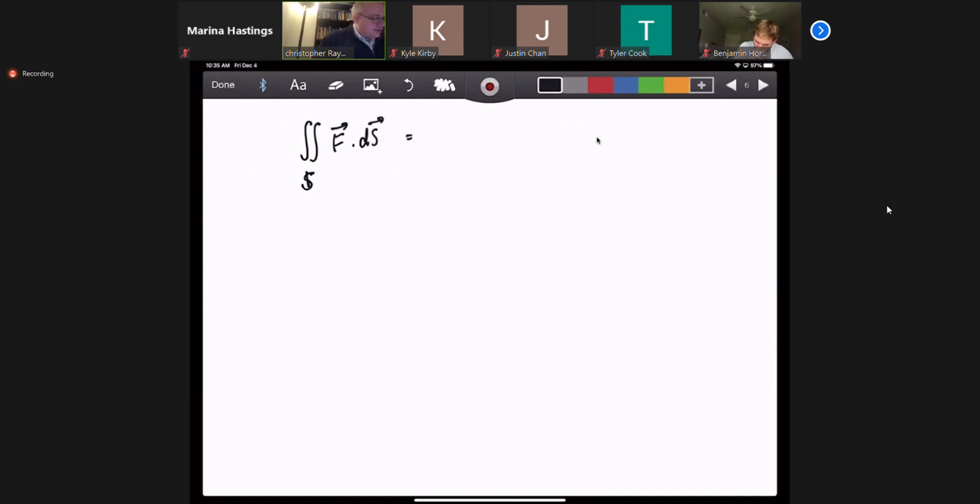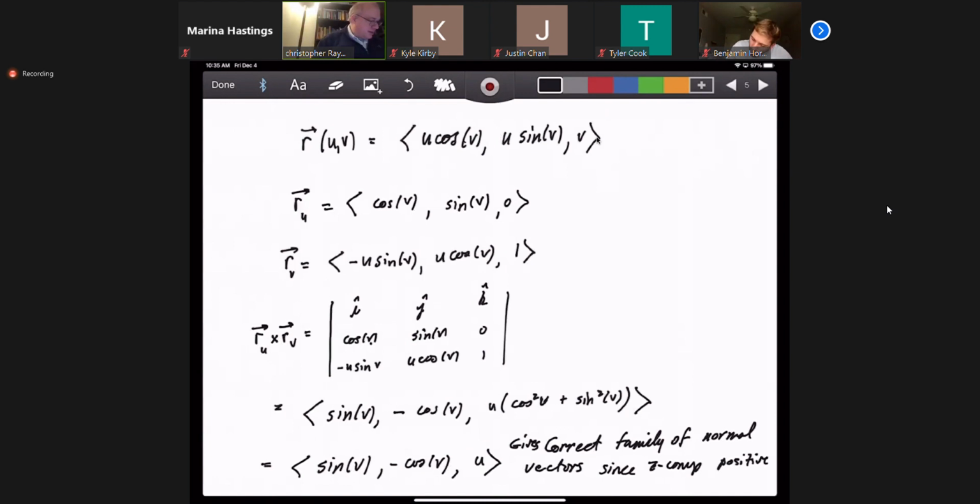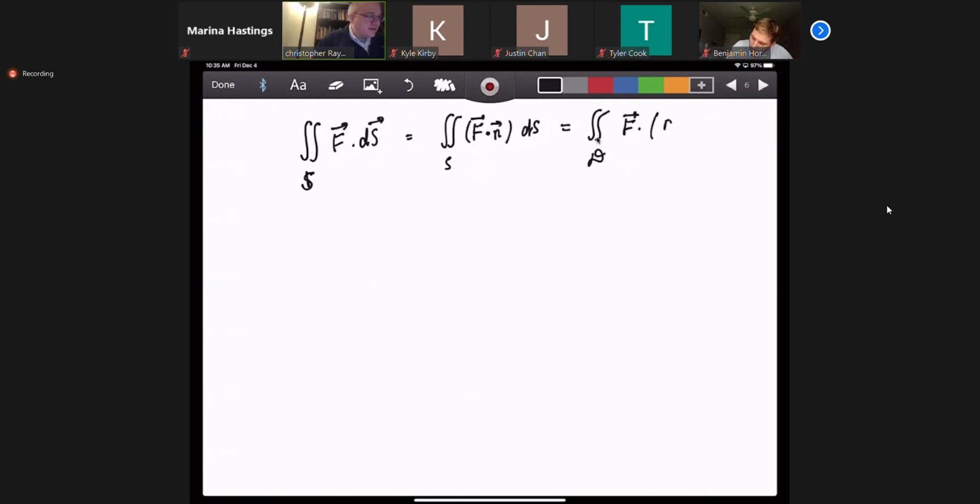All right, so that would be integral over S of F dot n dS, and that should correspond to double integral over D of F dot, and because RU cross RV gives us the correct family of normal vectors, we can use that formula we saw before here directly. We don't introduce a minus sign here.